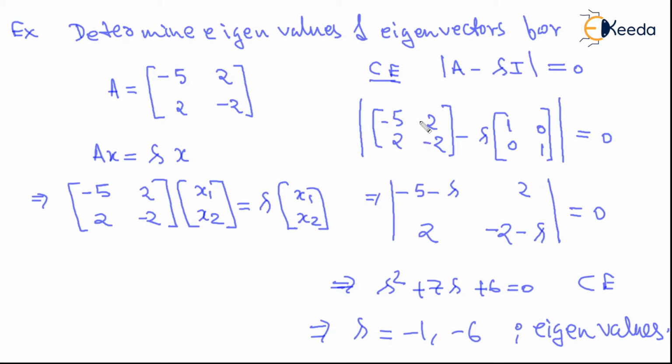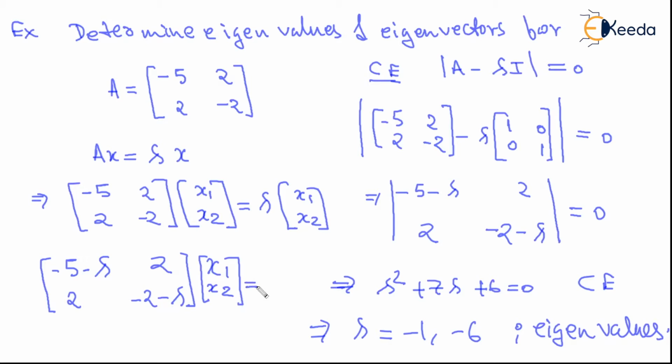Using this A minus lambda I, we can say [-5 minus lambda, 2; 2, -2 minus lambda] times [x1, x2] should give you 0.